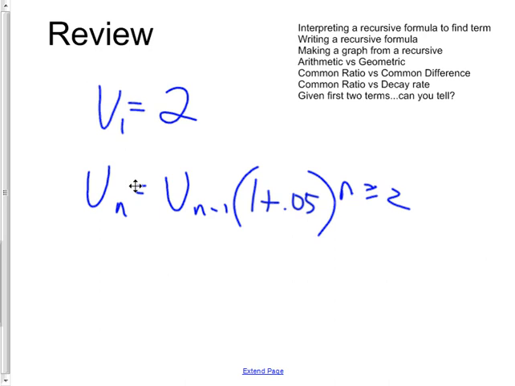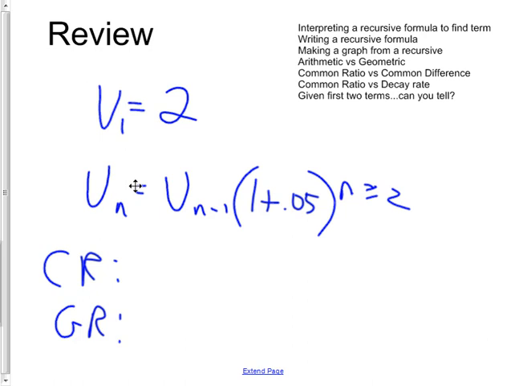One of them is the common ratio, and one of them is the growth rate. Would you please write CR and then tell me what that is, and the GR and tell me what that is?